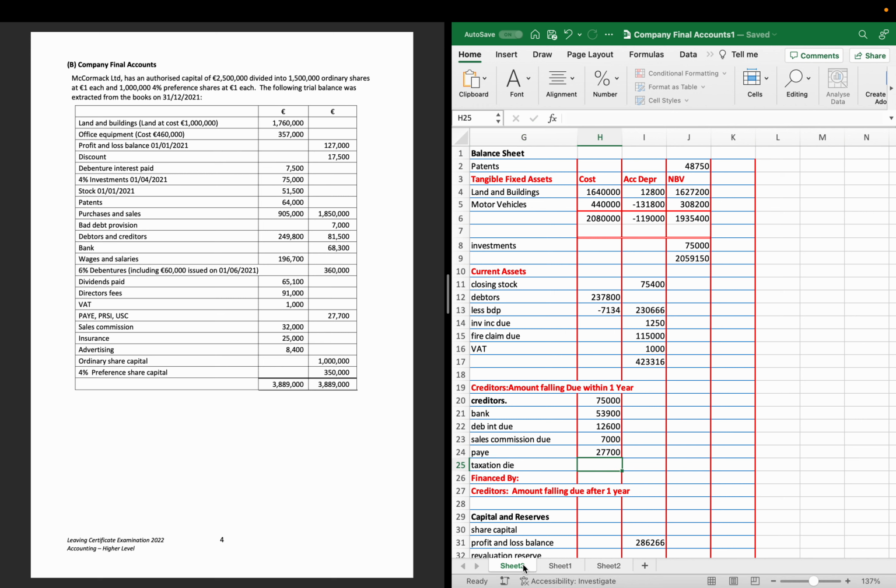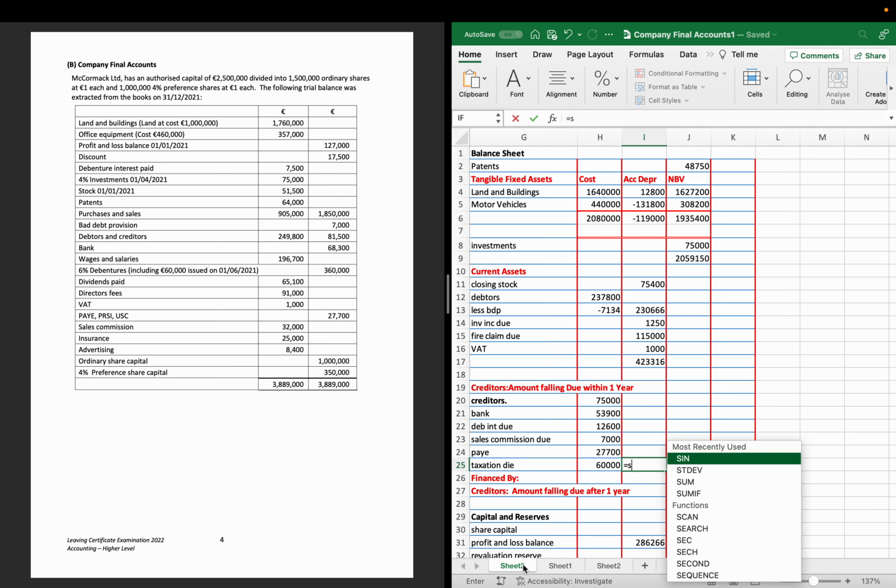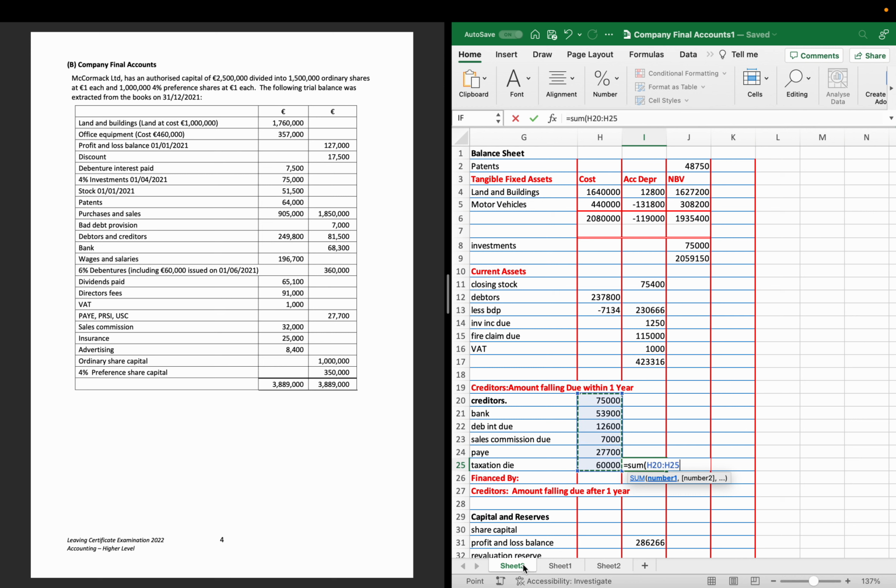Just remember to get that in. It's the one I'd forget if I was going to forget any of them. So take them away from each other and add on your answer. So that'll balance out at 2246,266.